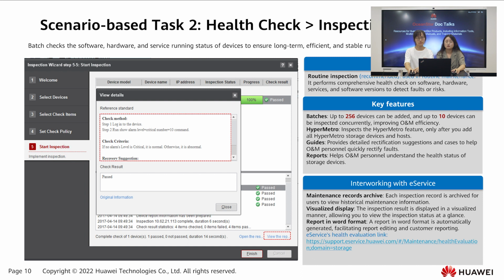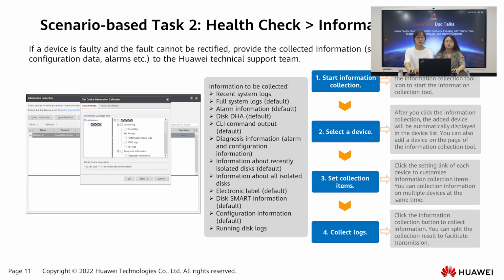For data centers with a large number of devices, the tool supports concurrent inspection to improve the inspection efficiency. The inspection report generated by SmartKit can be submitted to the eService Cloud O&M platform for archiving, viewing, and tracking in a timely manner. In the event of a detected device risk, certain device information needs to be collected in batches for problem confirmation or log backup.